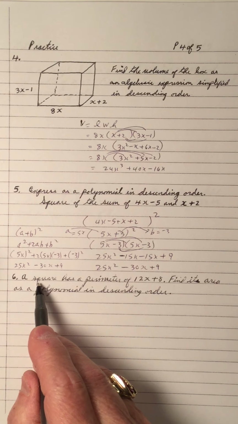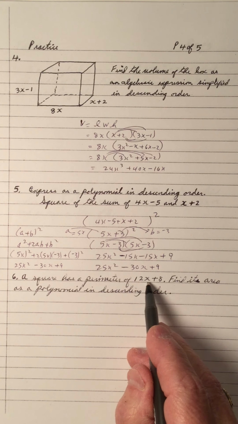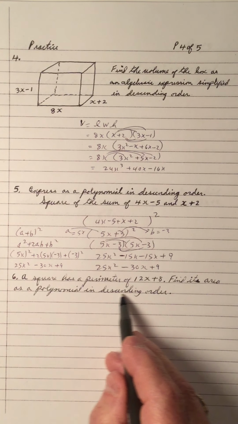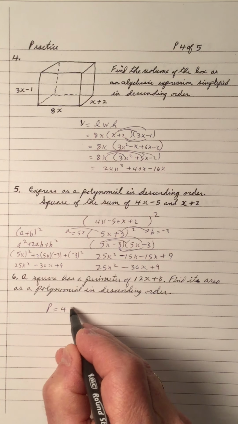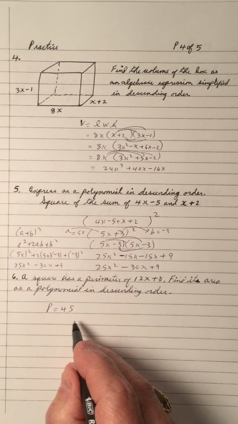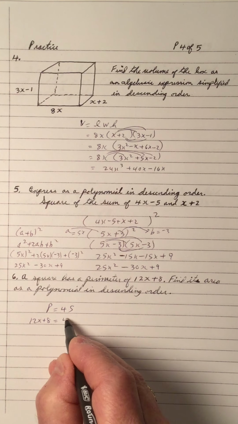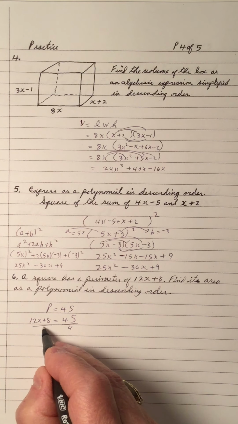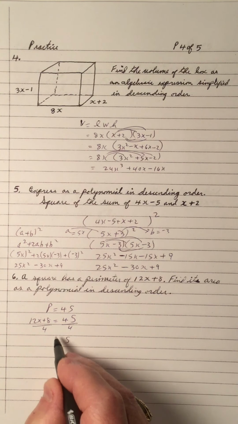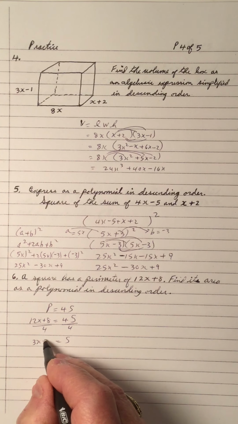Number 6, a square has a perimeter of 12x plus 8. Find its area as a polynomial in descending order. So the perimeter of a square is 4s, 4 times the side. If your perimeter is 12x plus 8, and you've got 4s, then if you divide both sides by 4, you should get the length of the side. 4 into 12 goes 3x, 4 into 8 goes 2.